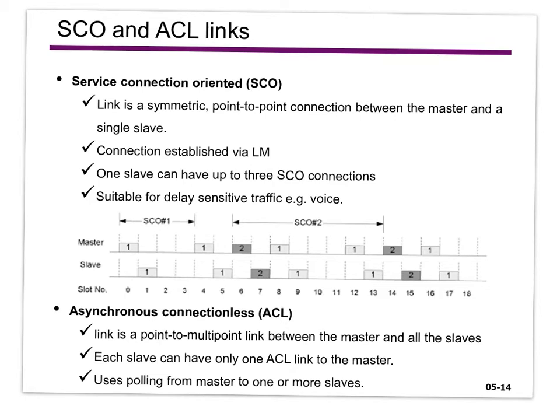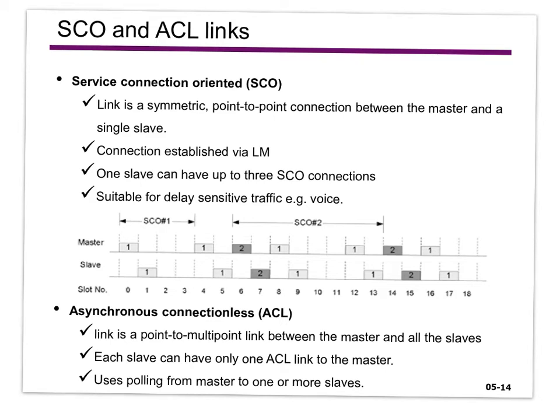Okay, so this is from one slave. However, the master can also have up to 3 concurrent SCO connections in total to any slave, which means that if one slave has 3 concurrent SCO connections to the master, then it's the only slave that has 3 concurrent connections to that master.